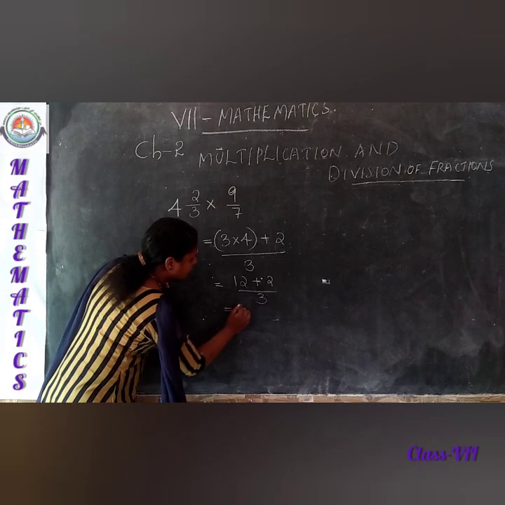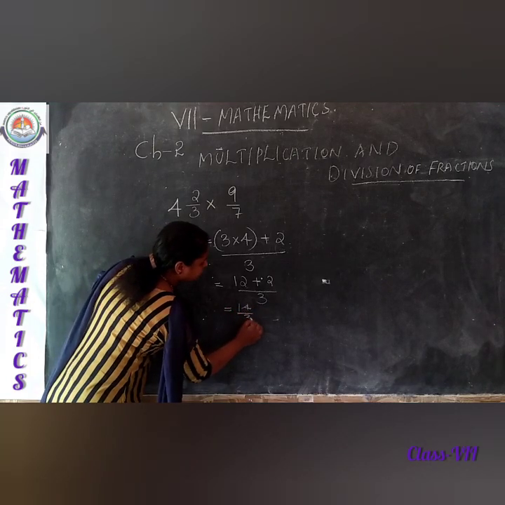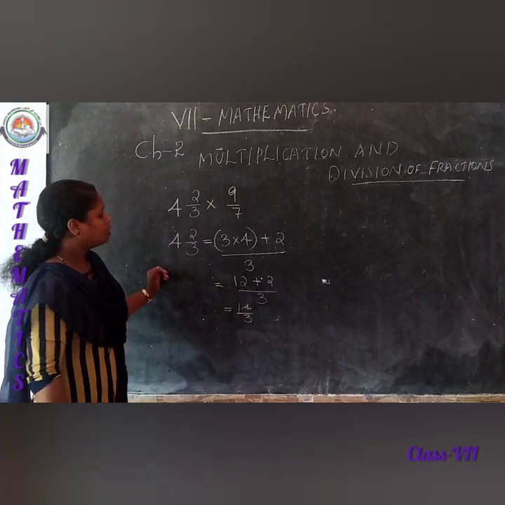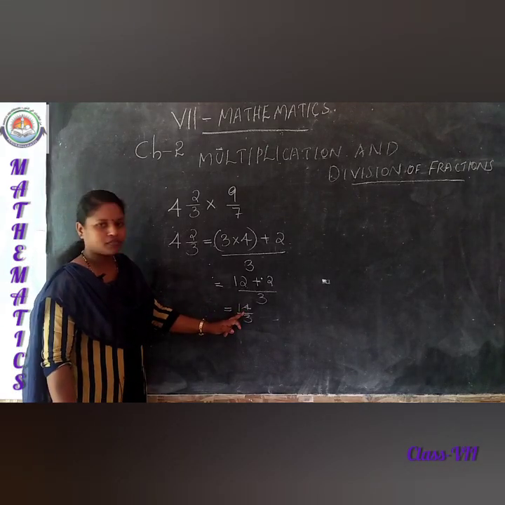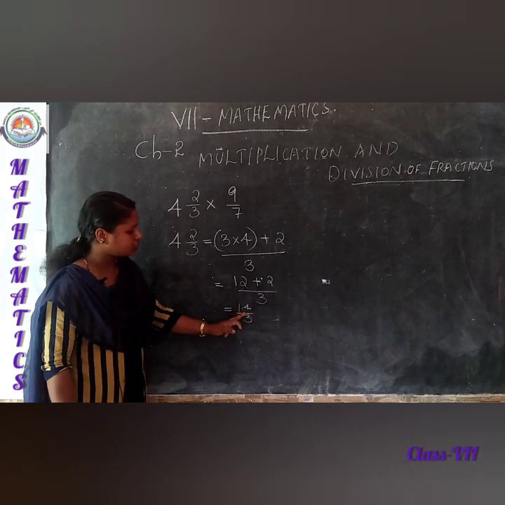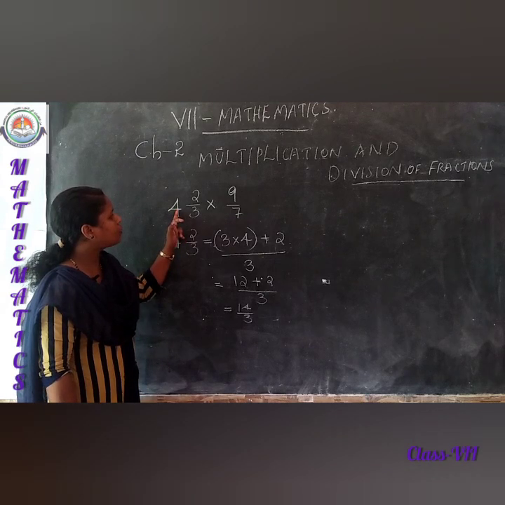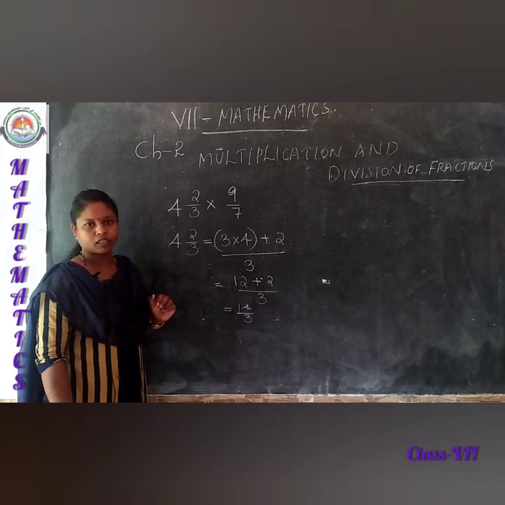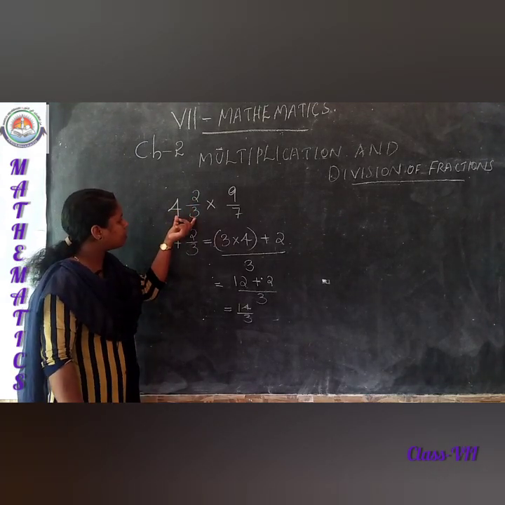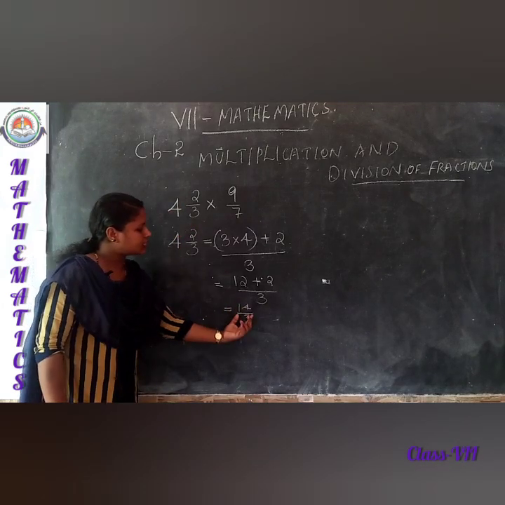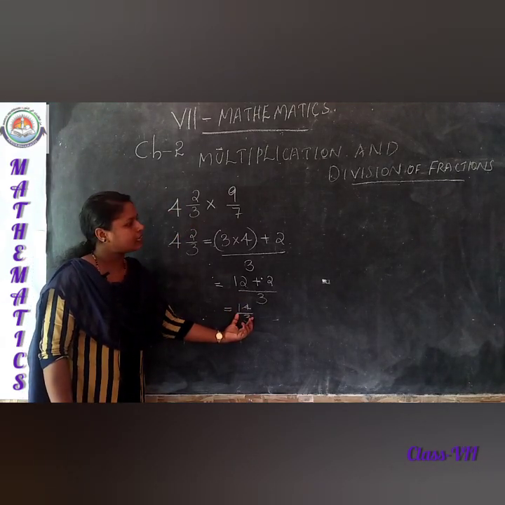That is 14/3. So this is the improper fraction of the mixed number 4 2/3. So instead of the mixed number, we can write 14/3.